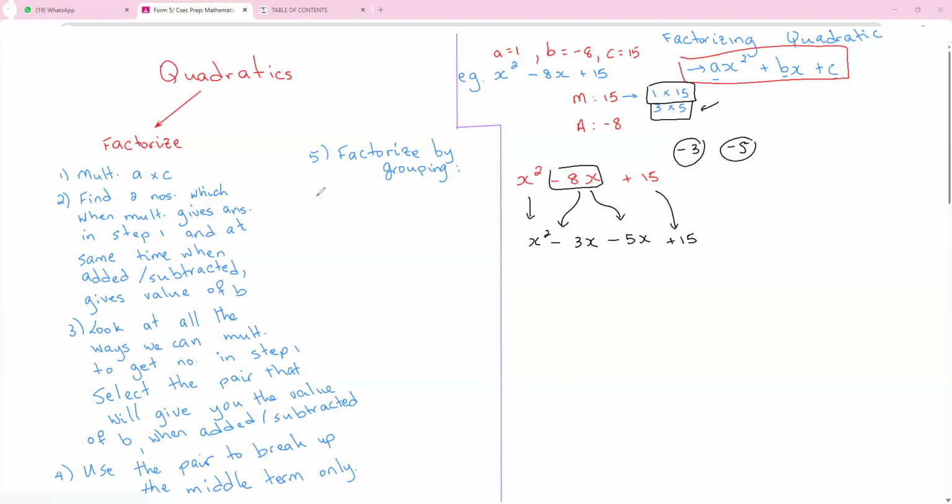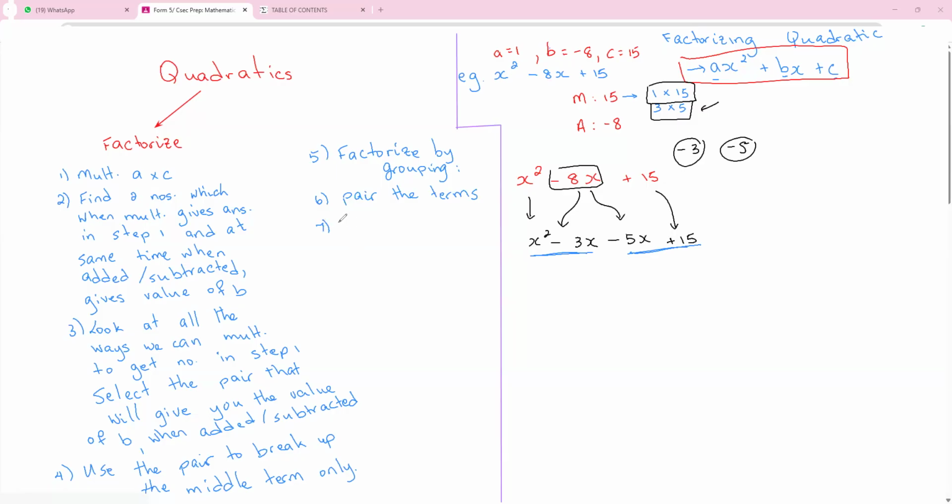In factorizing by grouping, we pair the terms. Right, so we're going to pair up the terms. So we have the first pair of terms and the second pair of terms. So you pair the terms.